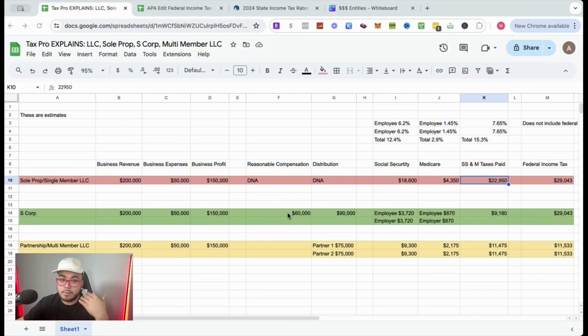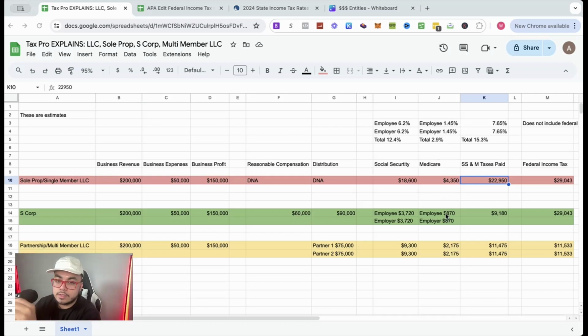But on the money that we are giving ourselves as a W-2, now we have to pay into Social Security and Medicare because you're an employee. 60,000 times 6.2% is how we got 3,720, and then 60,000 times 6.2% from the employer side, which is also you because that's your S corp, is going to be 3,720, right? Same thing over here. For Medicare, we're going to take 60,000 times 1.45%.